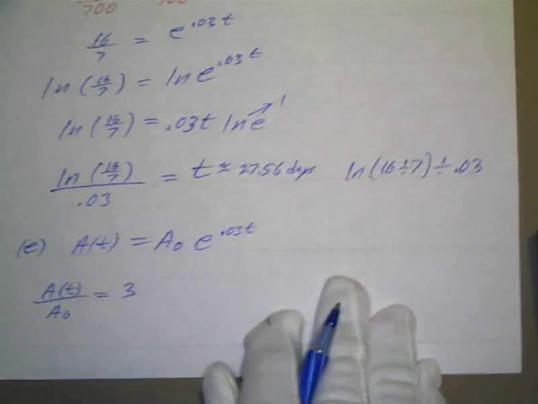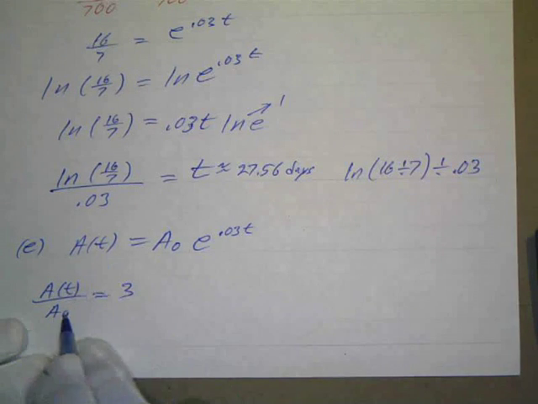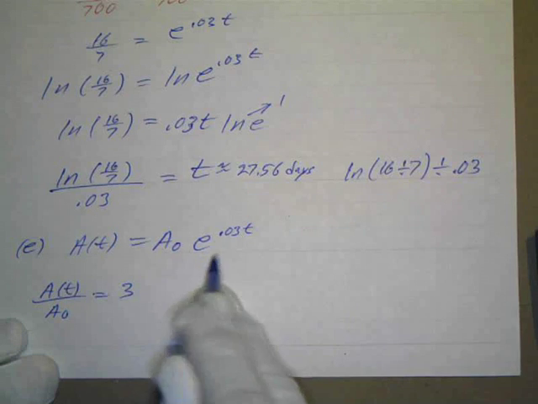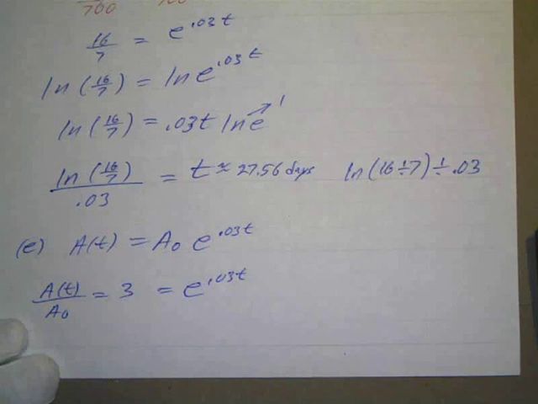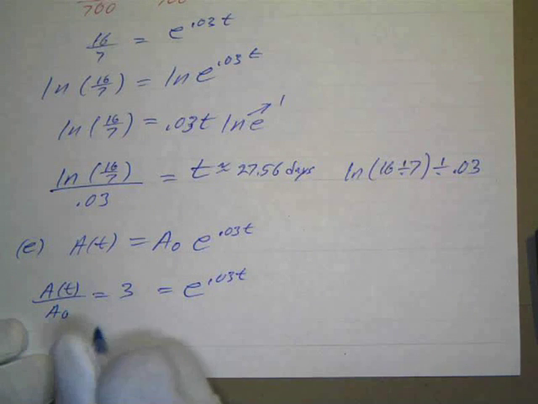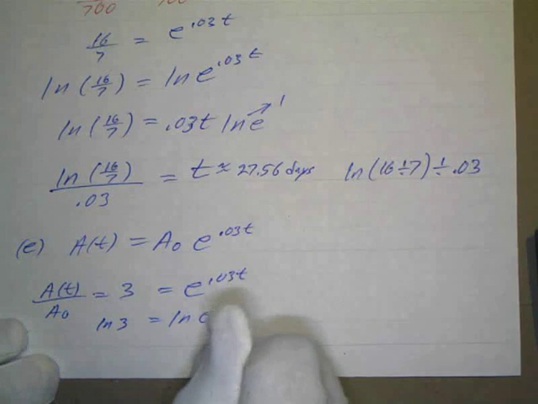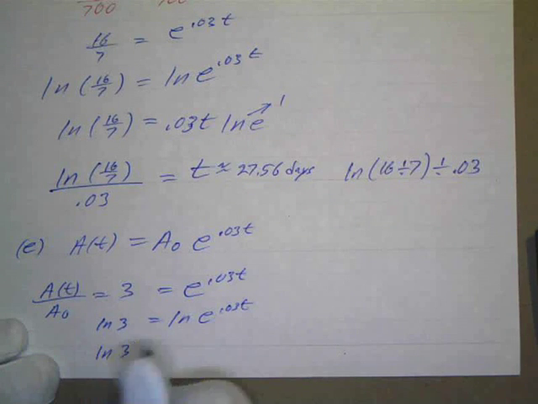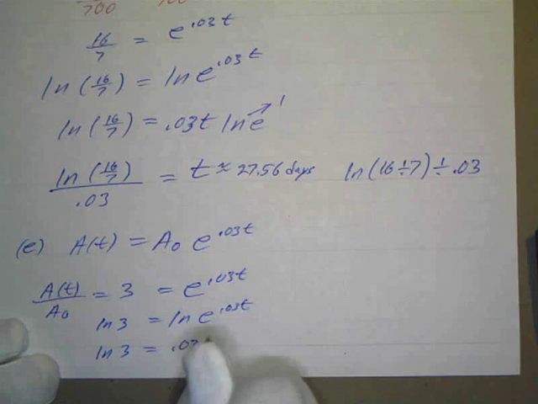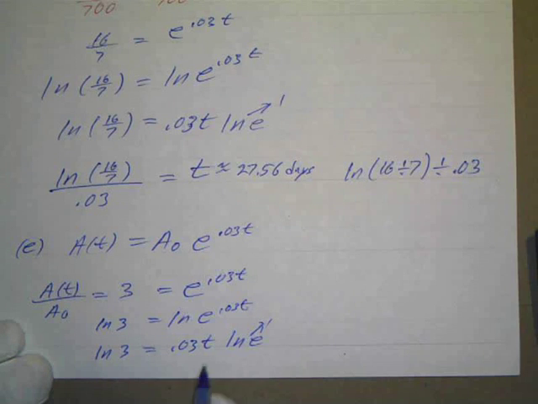Let me move this up a little bit here so you can see this. So when I divide, I have A sub t over A sub 0, and what's left is 3, and that's going to equal just the e to the 0.03t. And I take the natural log of both sides. And I can bring that in front, so I have the natural log of 3 equals 0.03t times the natural log of e, but that goes to 1. So I just divide both sides.